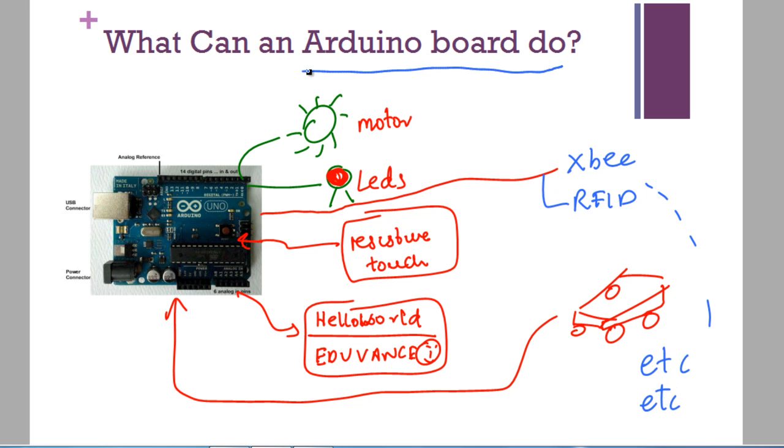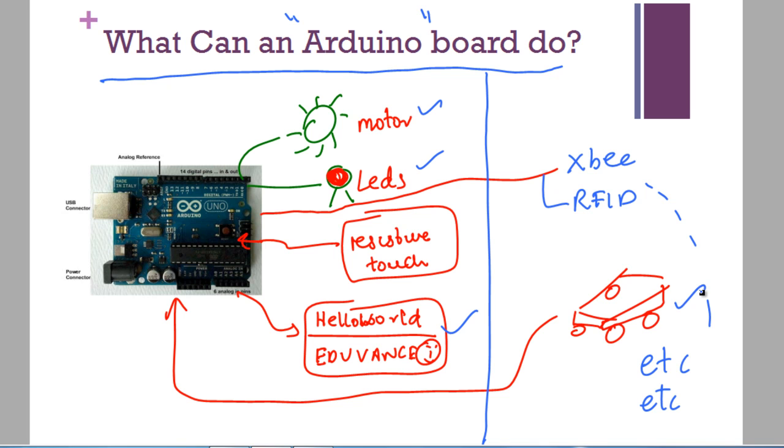So there is a lot that Arduino can do. As a part of this course, we will be covering a few of the concepts. A few of the other concepts would be a part of an advanced course that we will see in future lectures.